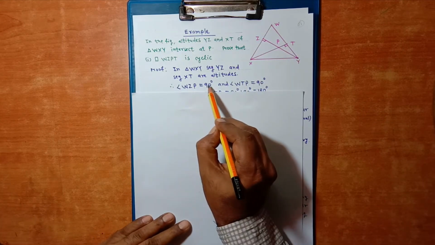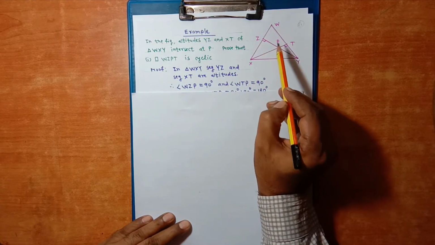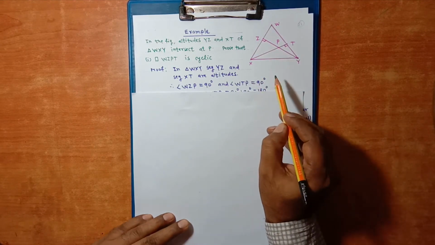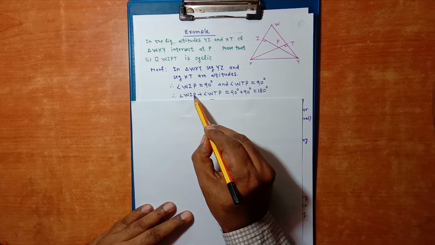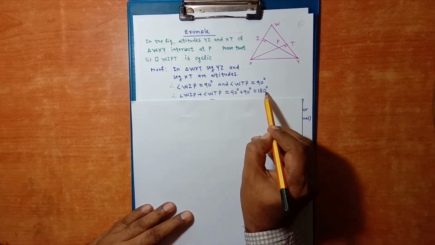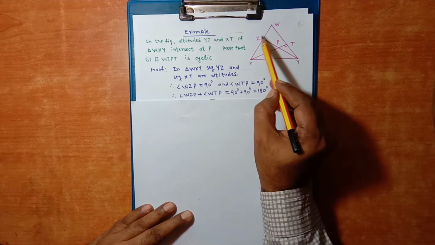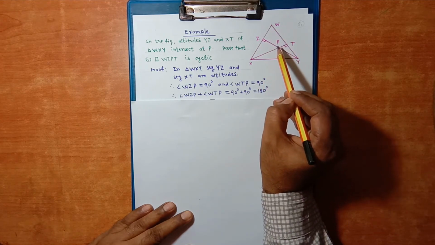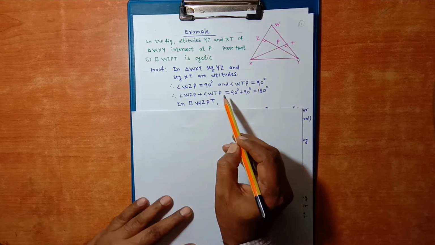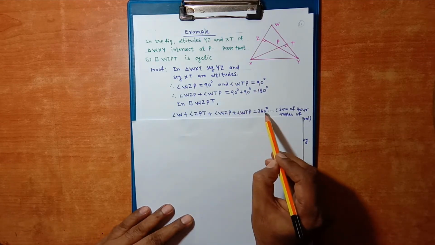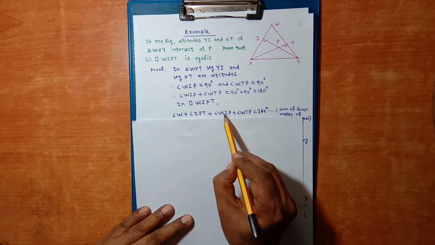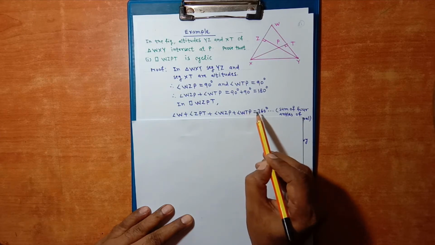Angle WZP is 90 and angle WTP is also 90. So angle WZP plus angle WTP is equal to 90 plus 90, 180. Now in quadrilateral WZPT, the sum of the 4 angles is 360: angle W plus angle ZPT plus angle WZP plus angle WTP.